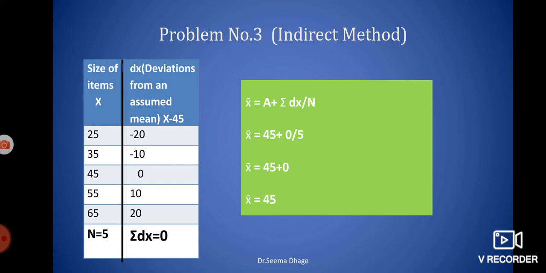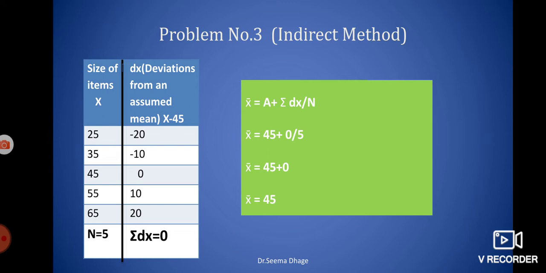So which is the centrally located value in this data? That is 45. So we have selected 45 as our assumed mean, and again the number of items is 5. So we have a data set of 5 values.